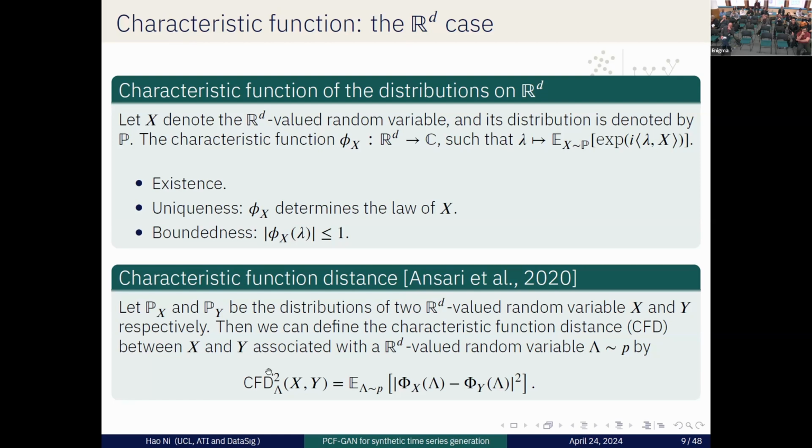That is, the square of the CFD distance is given by the expectation of the L2 norm of the difference between the characteristic function of X and the characteristic function of Y evaluated at this random variable Gamma.